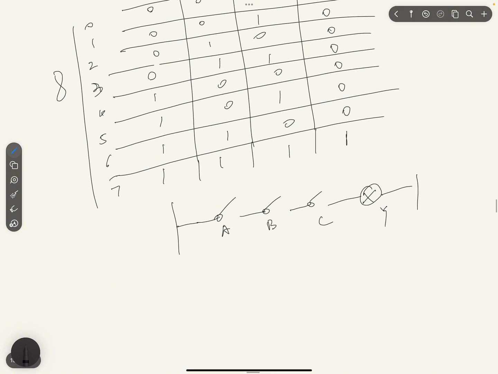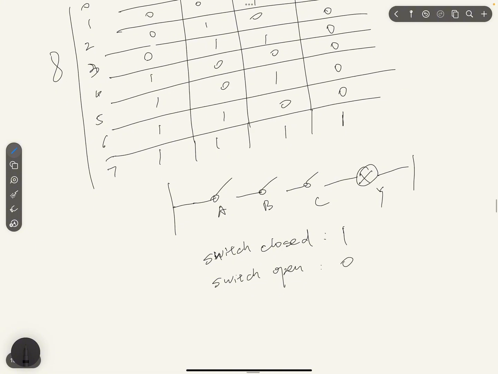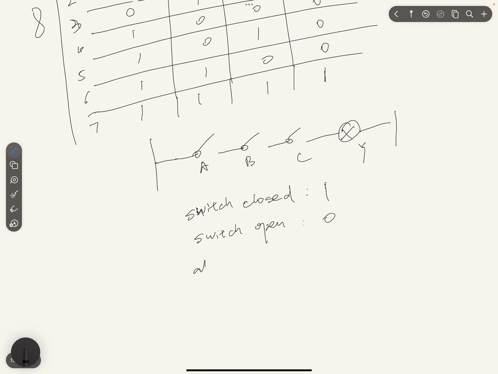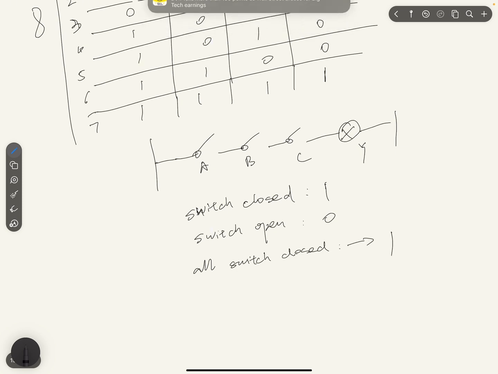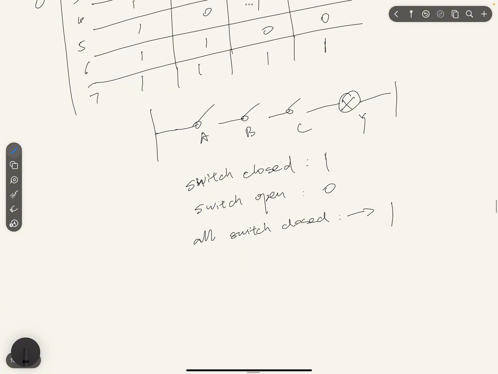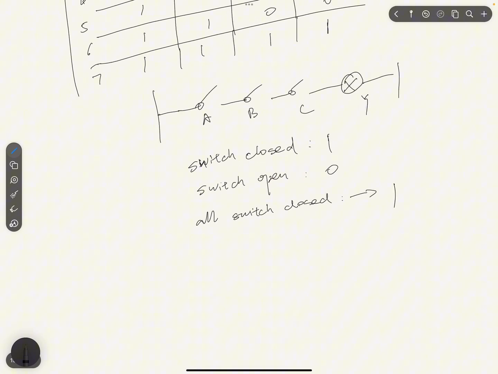So we say switch closed is 1, and switch open is 0. So we need all switches closed in order to get 1. That's the Boolean expression or the output for the AND gate.